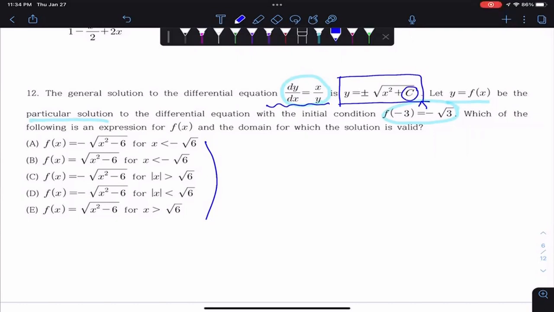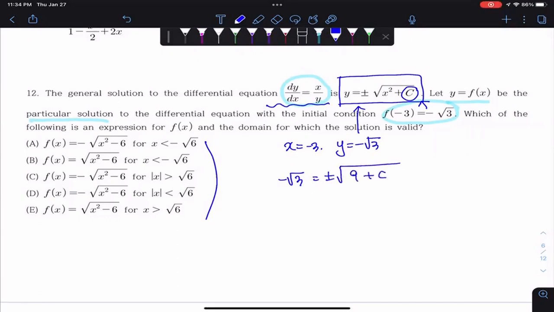So plug in x equals minus 3, y equals minus the square root of 3. This is minus the square root of 3 equals plus or minus the square root of 9 plus c.